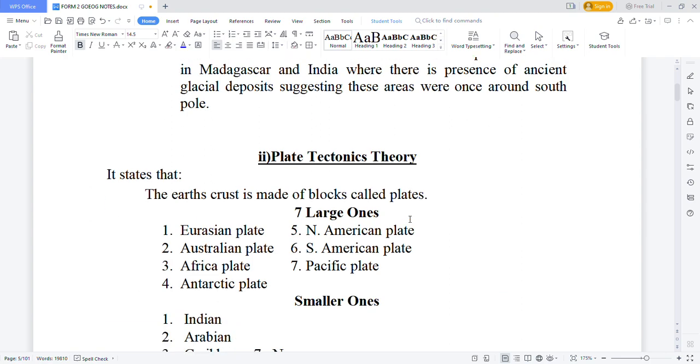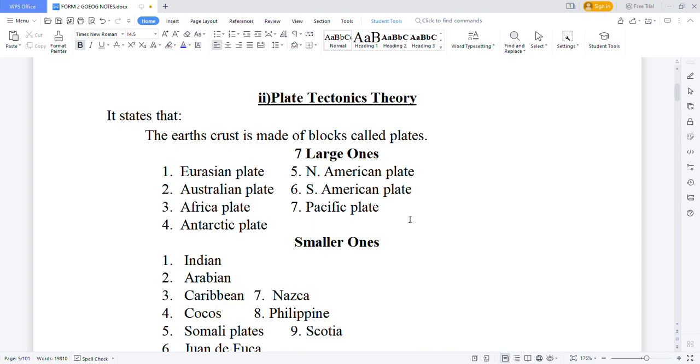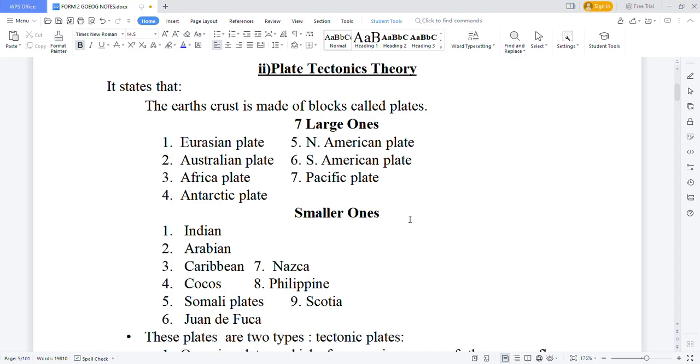Number 2, we are going to the plate tectonic theory. What does it state? The Earth's crust is made up of blocks called plates. What are these plates? We have the Eurasian plate, Australian plate, African plate, Antarctic plate, North American plate, South American plate, then the Pacific plate.